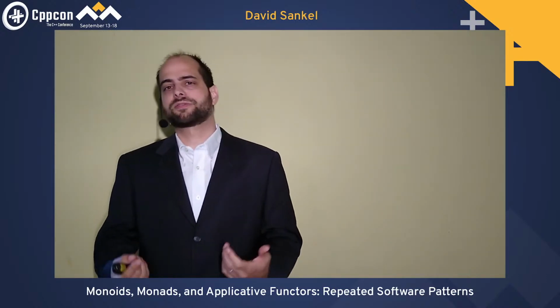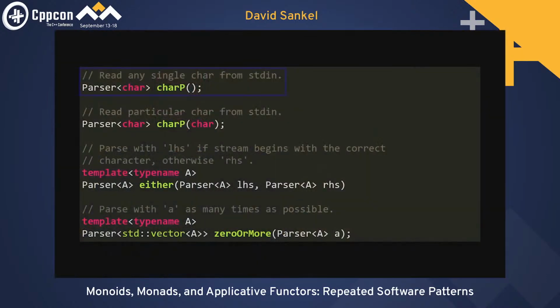We're going to create some friend functions here. One is a parser which reads a single character from std::in, any character. We just call that charP, and it returns a Parser<char>. We also have a charP which takes a particular character as input and returns a parser. So this is a parser that if it reads in that character, then it's successful. If that character is not found in the input, then it will not actually parse it properly.